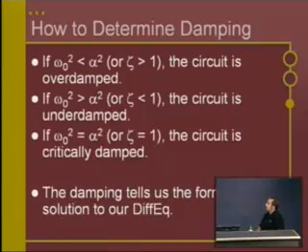If omega naught squared is greater than alpha squared, then it's going to be underdamped. You're going to see the complex conjugate roots. And if omega naught squared equals alpha squared, they're the same, then the circuit is going to have the same root, and it'll be a critically damped circuit.